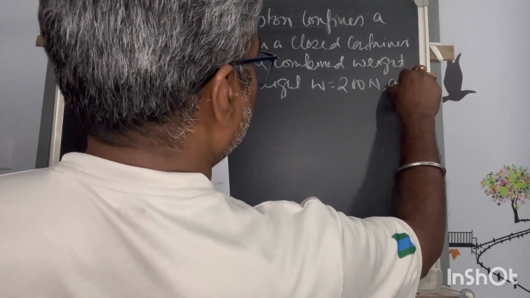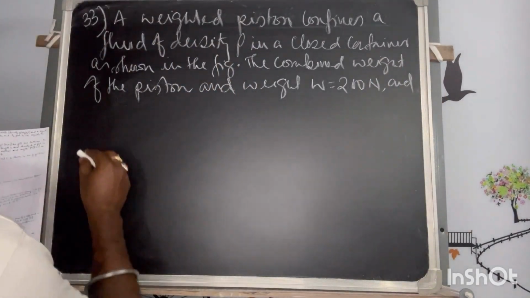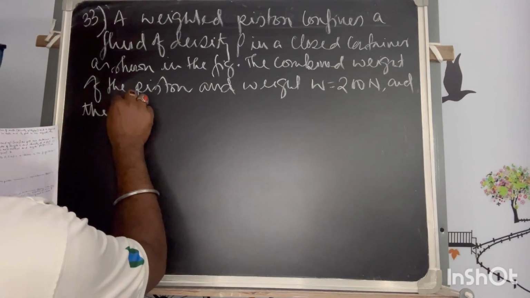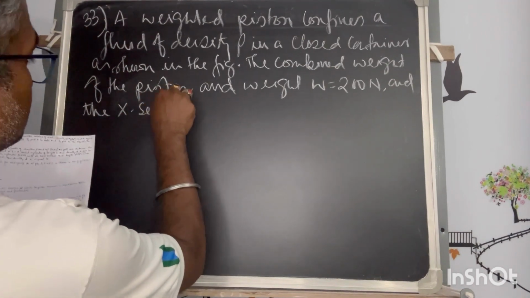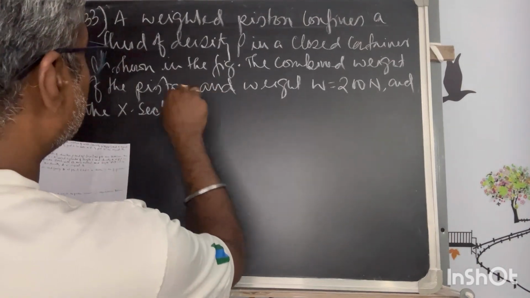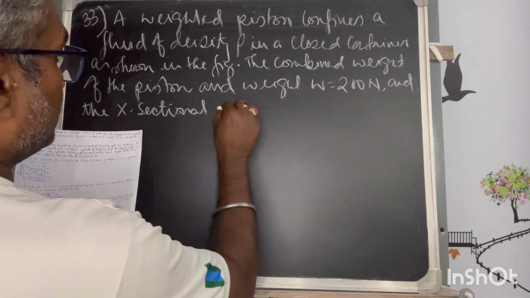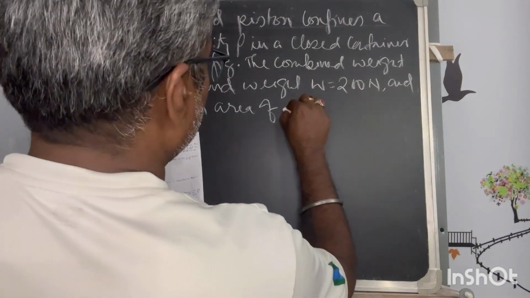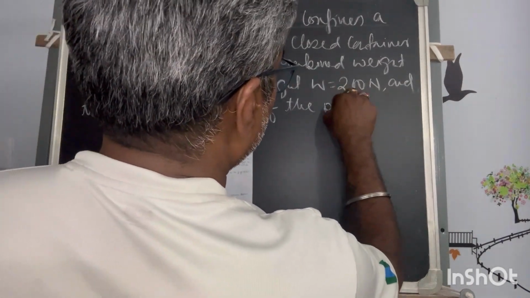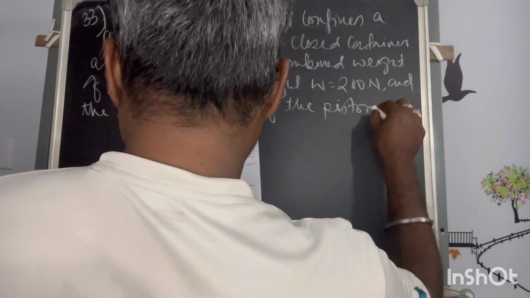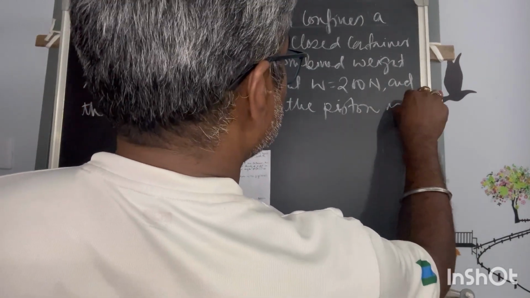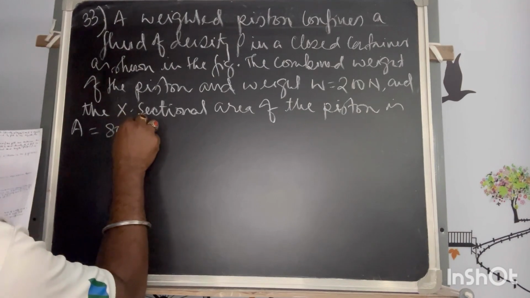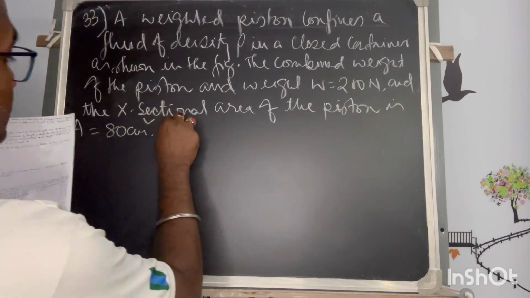Okay, and the cross sectional area of the piston is A equal to 80 centimeter square.